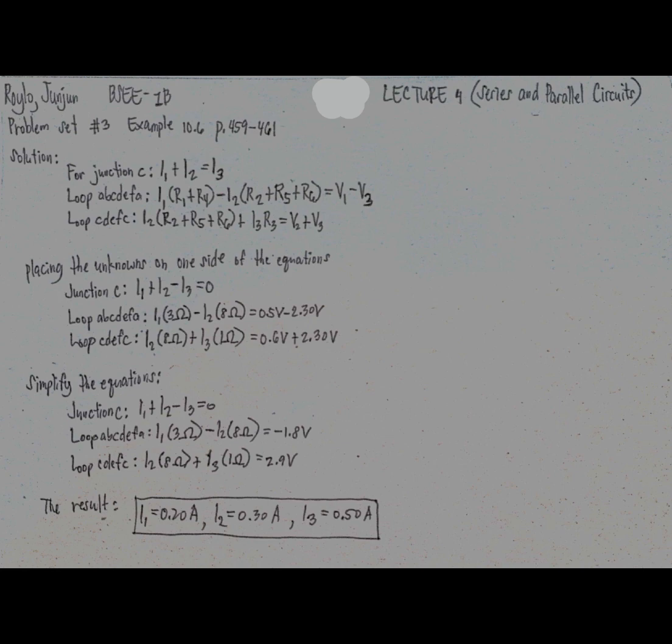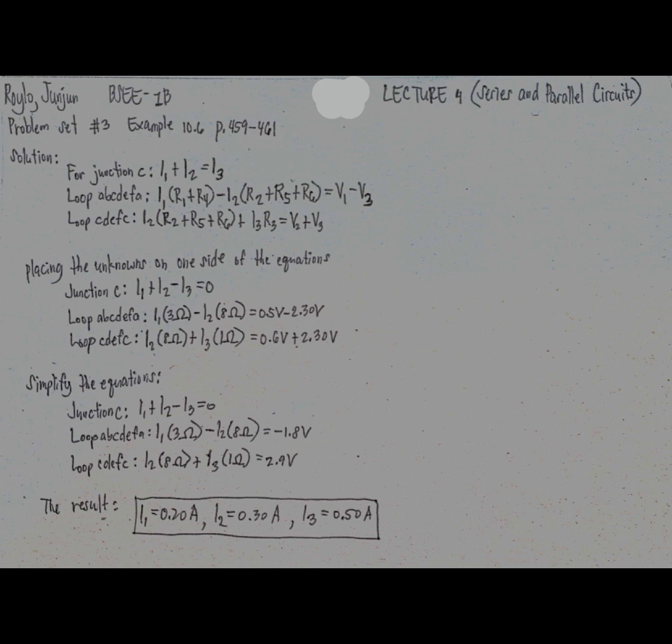And then for the loop CDEFC: current 2 times 8 ohms plus current 3 times 1 ohm equals 0.6 volts plus 2.30 volts. Then simplify the equations. The first loop equation can be simplified by dividing both sides by 3, and then the second loop equation can be simplified by dividing both sides by 6.